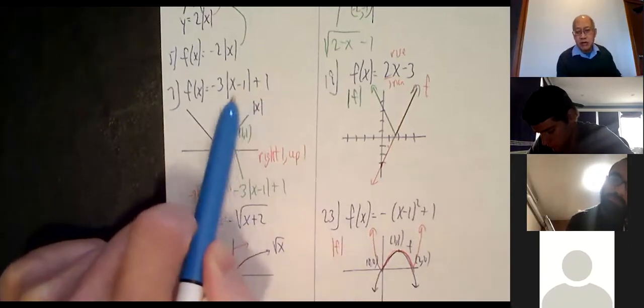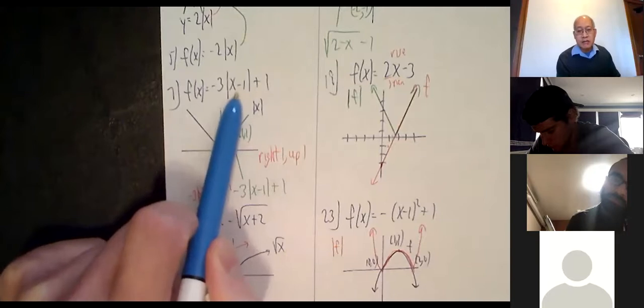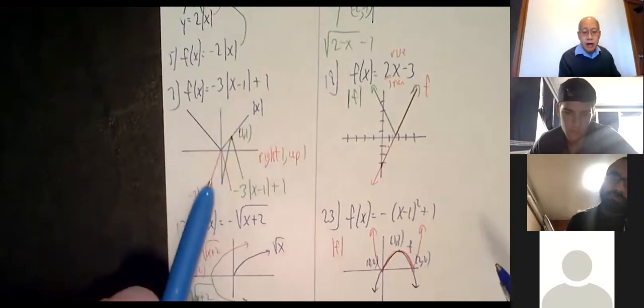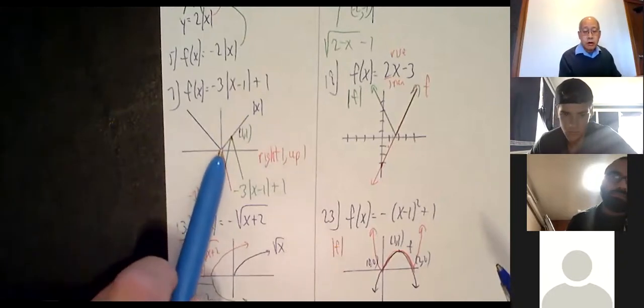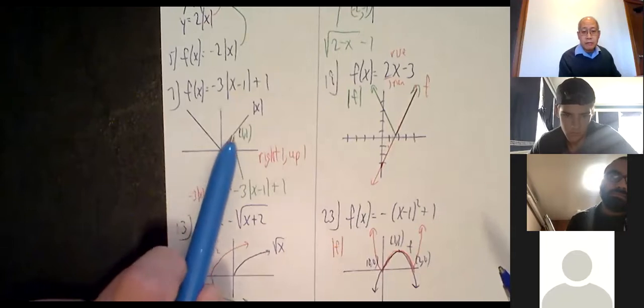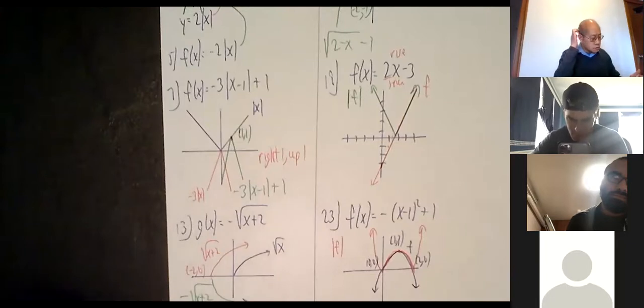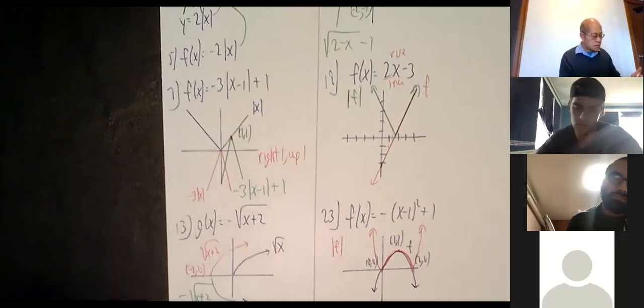Okay, I know this is counterintuitive. It's against your intuition. x minus 1, you might think that's going to be 1 to the left, but it isn't. It's 1 to the right and 1 up. So I take that red graph, move the origin 1 to the right, 1 up, and then I just draw the same thing. So I go like so.